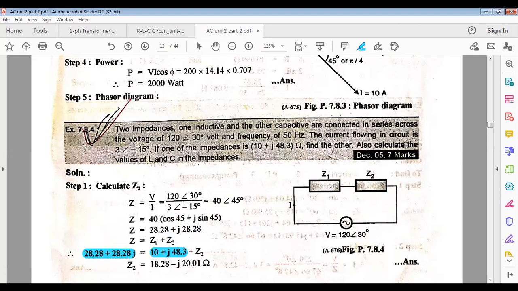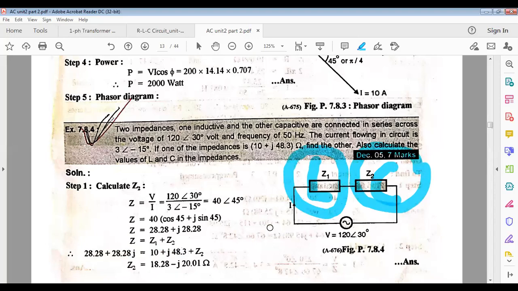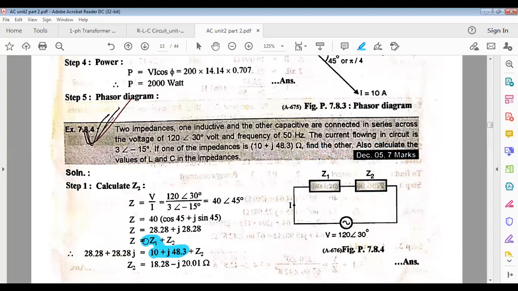Now what? L and C, very easy. Here in this Z1 L is there, and in this Z2 C is there. So compare its imaginary part with XL and compare its imaginary part with XC, isn't it? So see, this one is Z1. So Z1, 48.3 is XL. Got the thing?